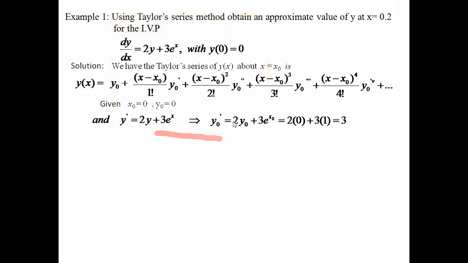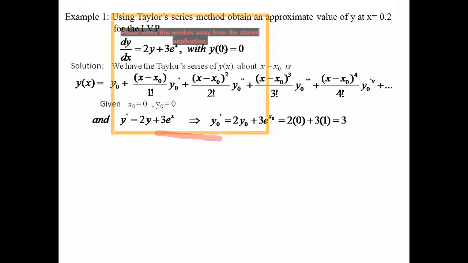So it is 2 times y0 plus 3 times e to the power x0. But y0 is 0, x0 is 0. So 2 times 0 plus 3 times e to the power 0. Here e power 0 means 1. So we get 0 plus 3, 3 only. So y0 dash is here 3.